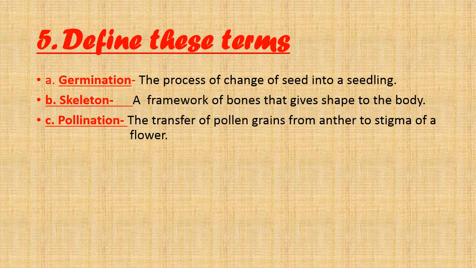So when pollen grains from anther are transferred to the stigma of a flower, and stigma is the female reproductive part of the flower, this transfer is called pollination. And for plant reproduction, pollination is very necessary.